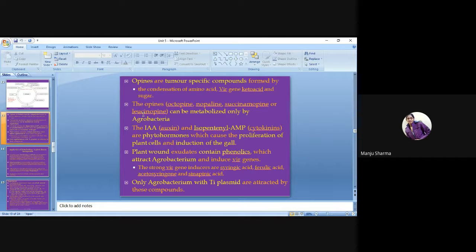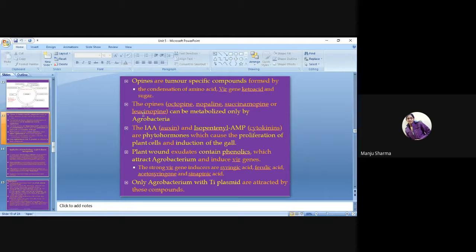The IAA, auxin, and isopentenyl, that is cytokinin, are phytohormones which cause the proliferation of plant cells, and there is the induction of the gall.